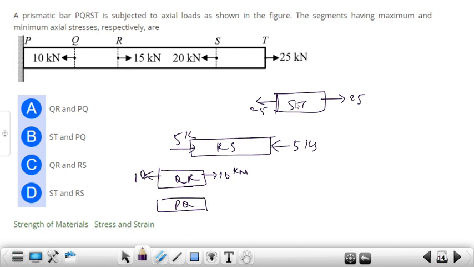So maximum stress is in the ST section, and the minimum stress is in RS, which is 5 kilonewton. So ST and RS is the correct answer.